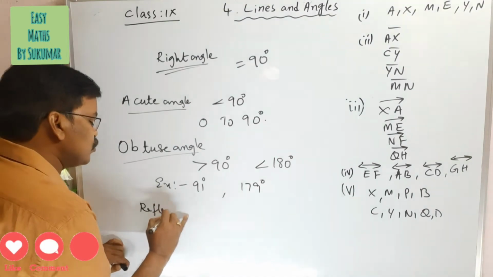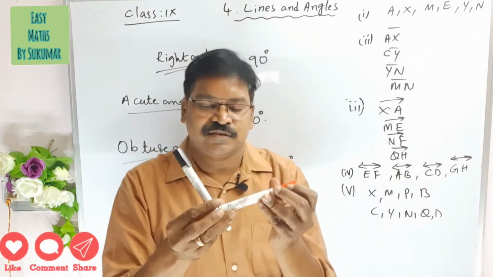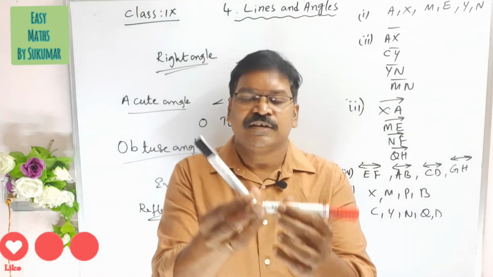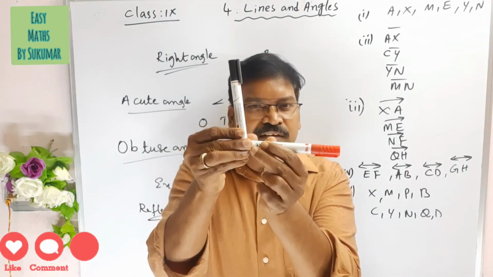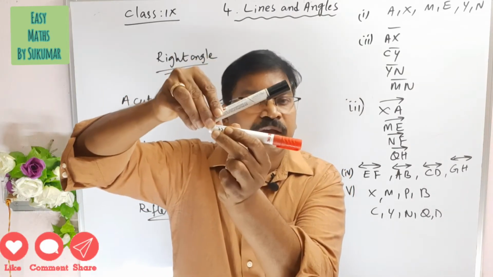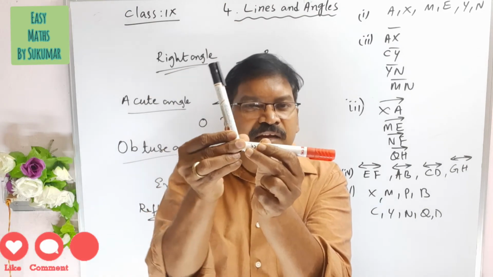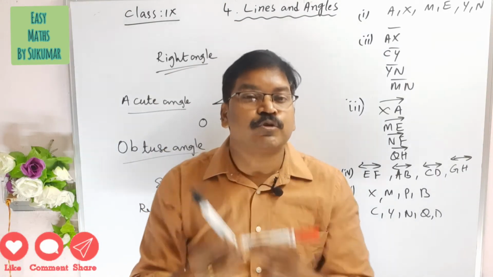Let me show you the obtuse angle with these two pens. This is a right angle. This is less than 90, an acute angle. And if it is greater than 90, like this, this is an obtuse angle.